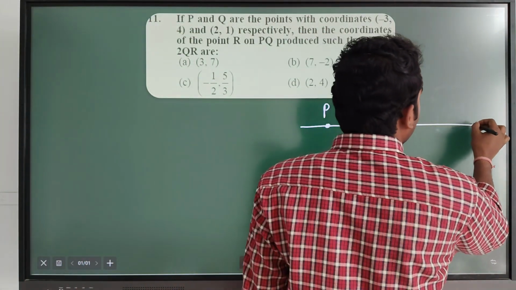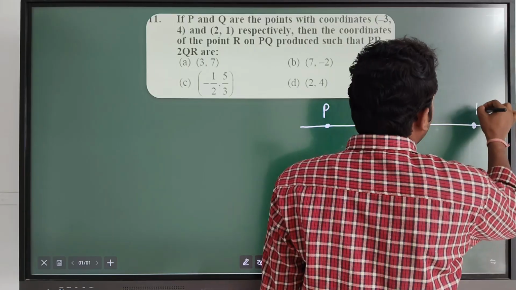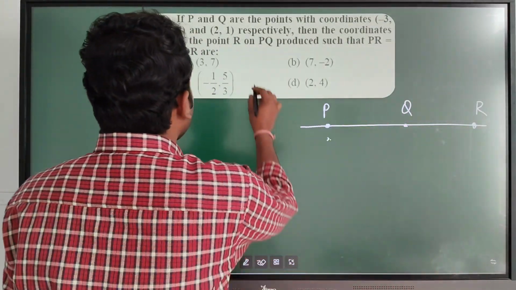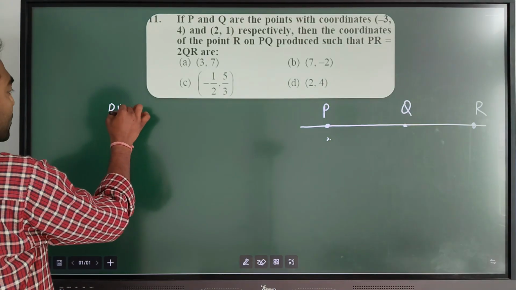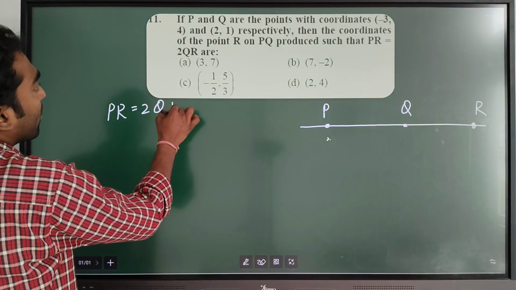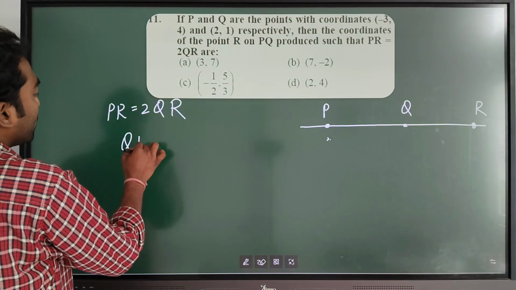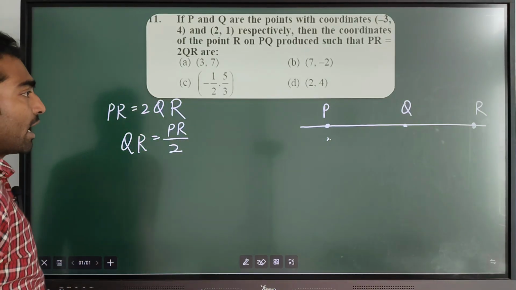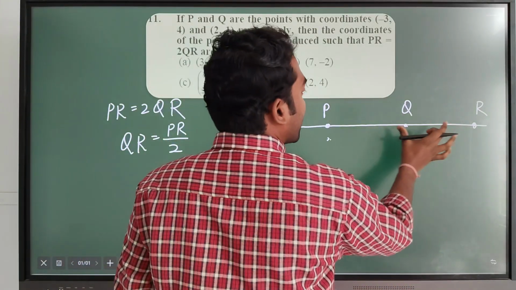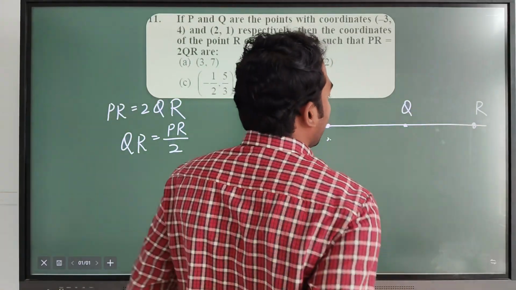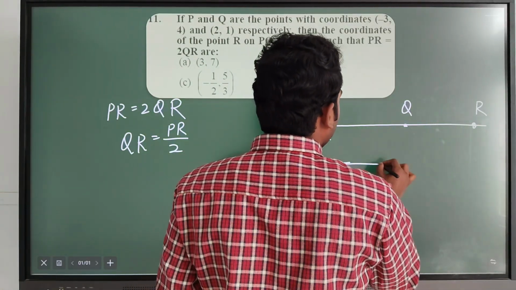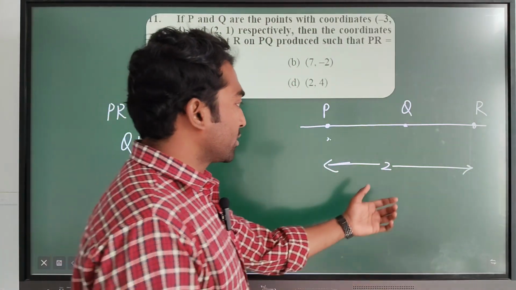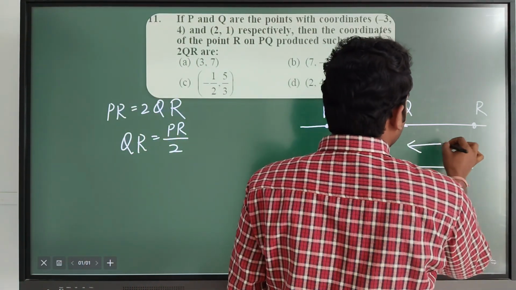Let us suppose here is the point R. Then PR is equal to 2QR, or you can also say that QR is equal to PR divided by 2, half of the PR. Means the ratio is 2:1. Let us suppose this distance is 2 and then this distance becomes 1.